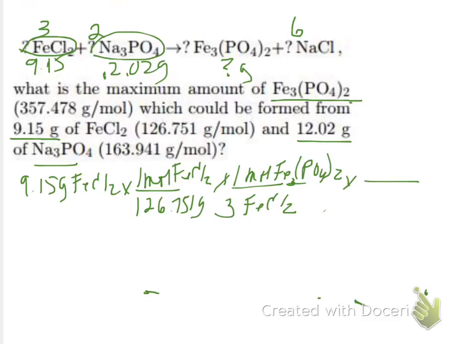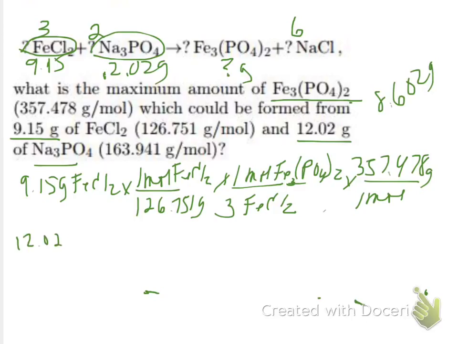And I'm given the molar mass for that, and 1 mole of that is going to be 357.478 grams. Okay? And if I take all that and multiply it out, I'm going to get 8.602 grams here.